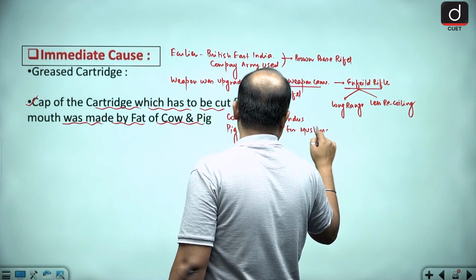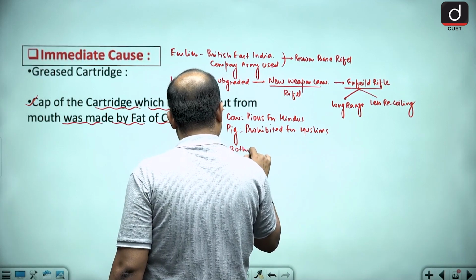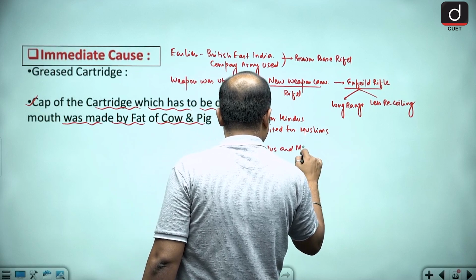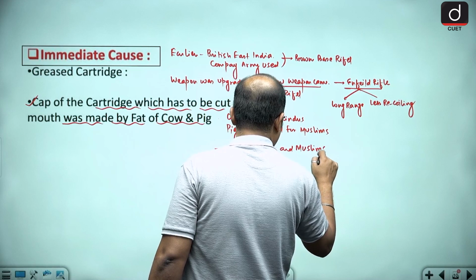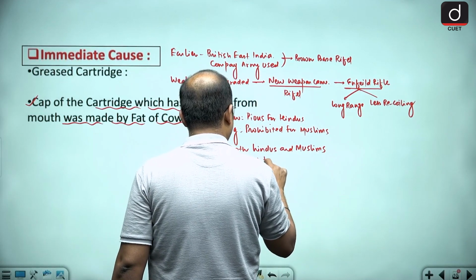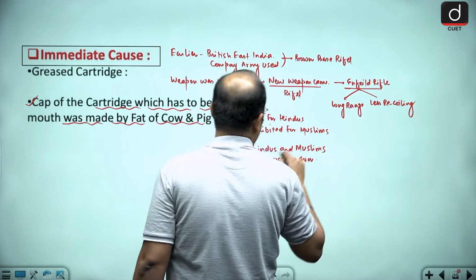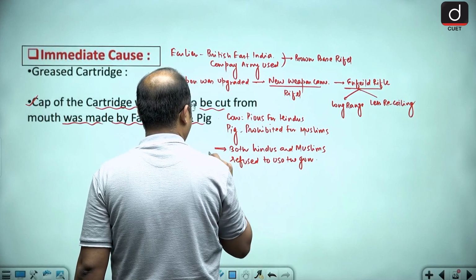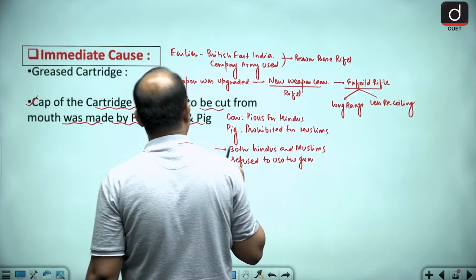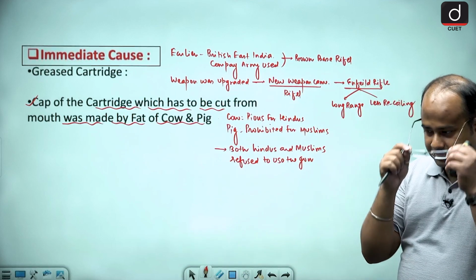So both Hindus and Muslims refused to use the weapon, to use the gun, and this is how the revolt of 1857 started.